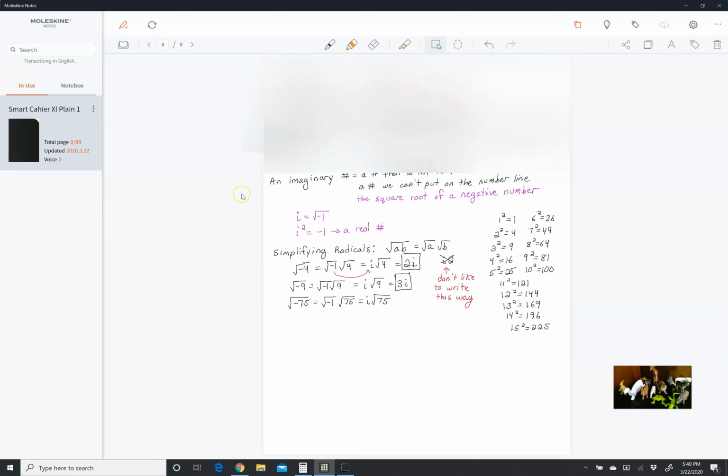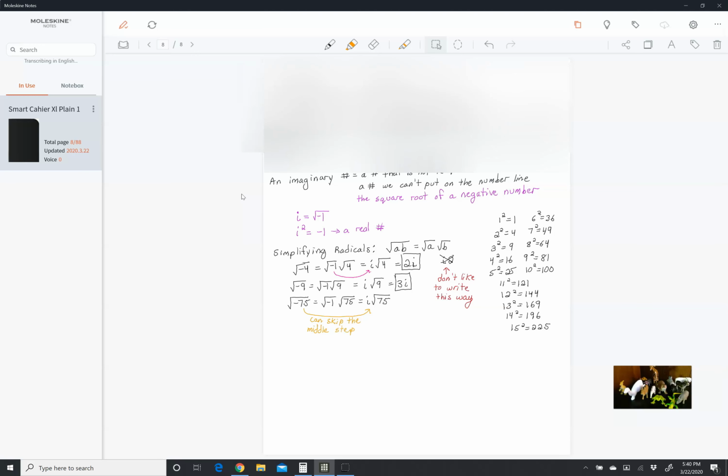That would be perfectly fine. You can skip over it. As soon as you see a negative number, pull out the i. Okay, you can skip the middle step. We know that when we have the square root of a negative number, we have an i in there.